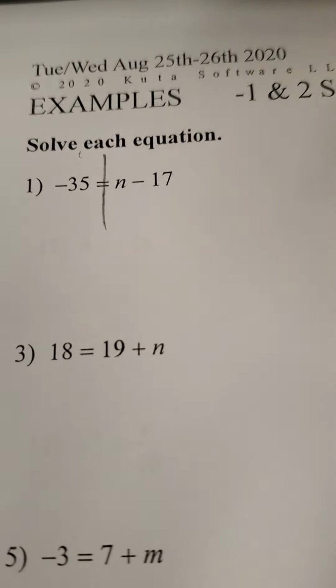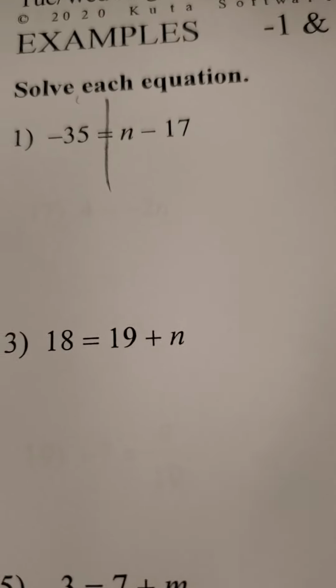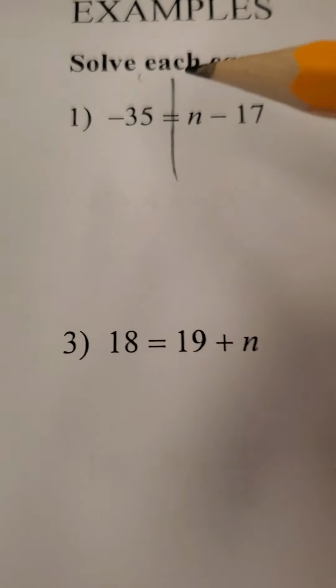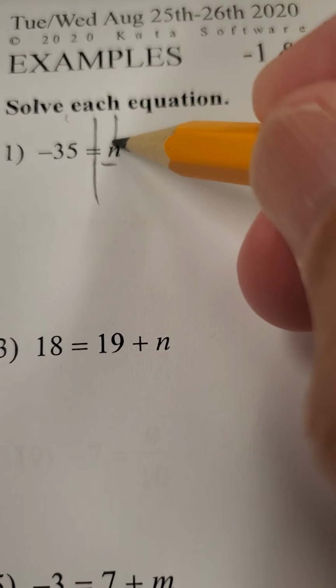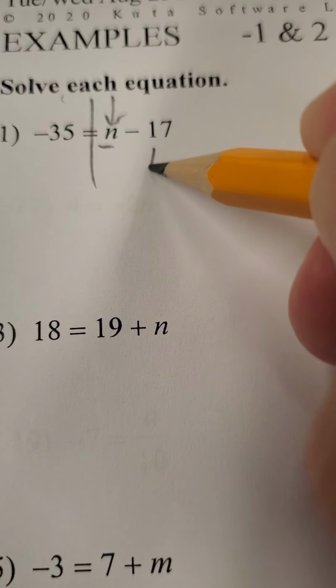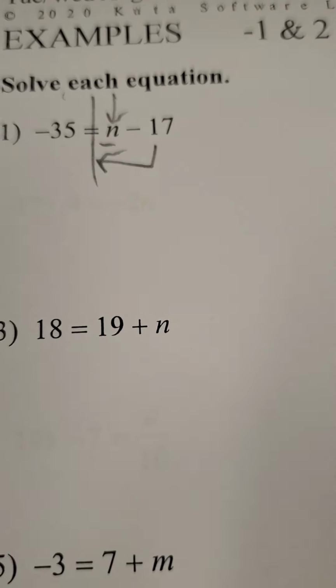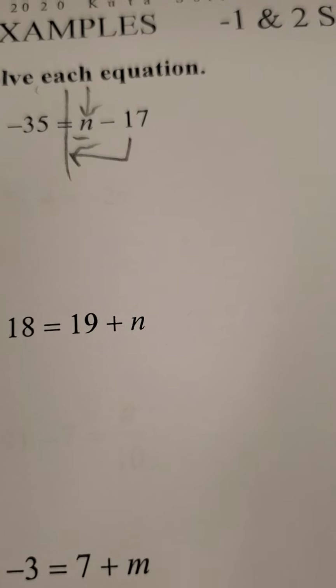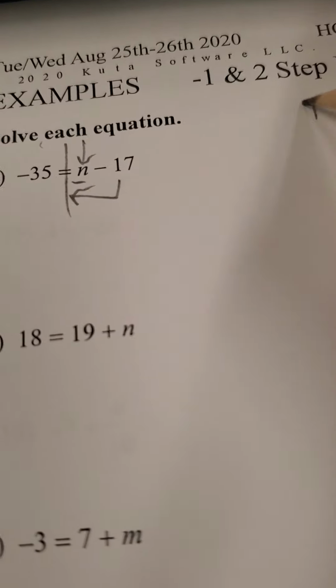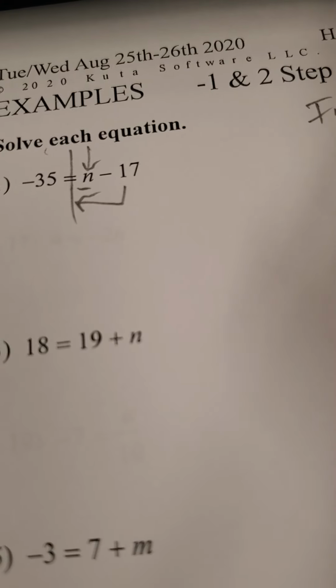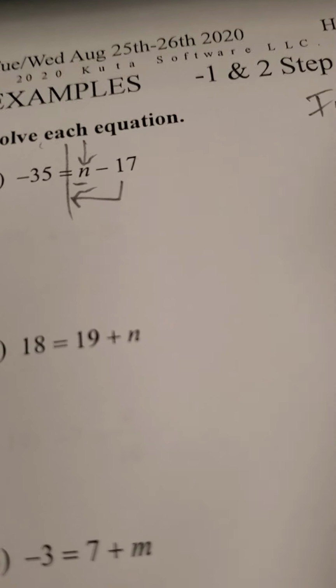Usually your equal sign splits into a right and a left side. In this case, the variable is on the right. That's the term I want to isolate, so I want to get rid of the negative 17. You make it disappear by doing the opposite, the inverse operation.